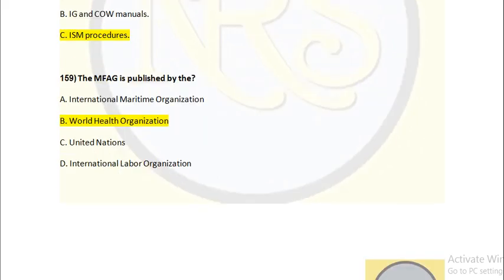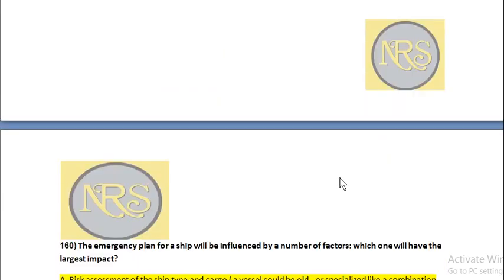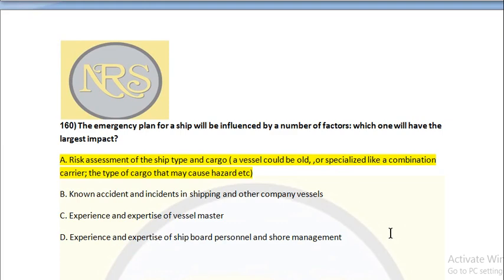Question number 160. The emergency plan for a ship will be influenced by a number of factors. Which one will have the largest impact? Option A, risk assessment of the ship type and cargo. A vessel could be old or specialized, like a combination carrier, such as an ore-bulk-oil carrier, and it also depends on the type of cargo that may cause hazards to the ship.